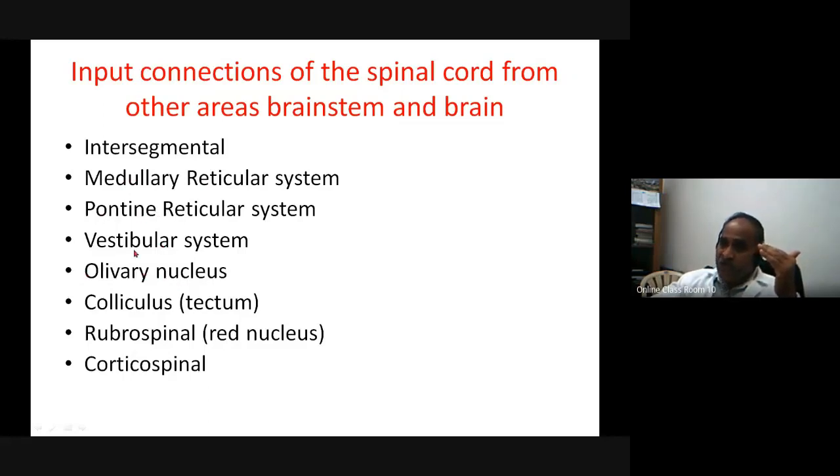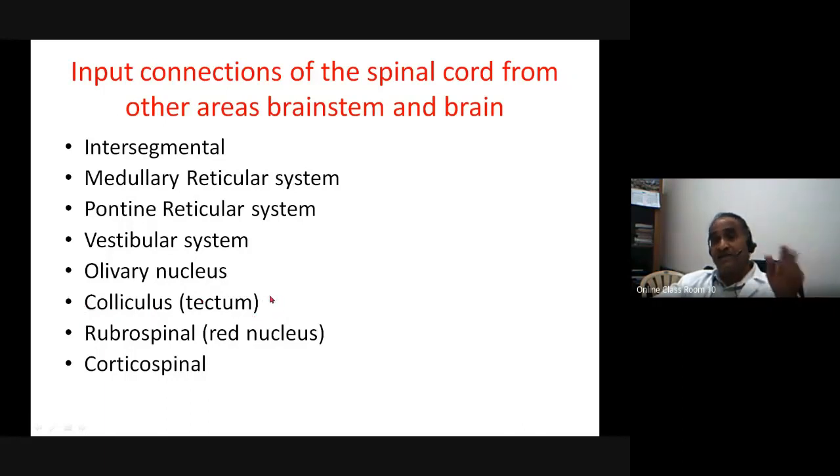We have the olivary nucleus, the olivospinal pathway. Olivospinal, from the olivary nucleus. The olivary nucleus receives inputs from the cerebellum, and mainly the vestibular system, that means semicircular canals. And we have the colliculus, that is the tectum.